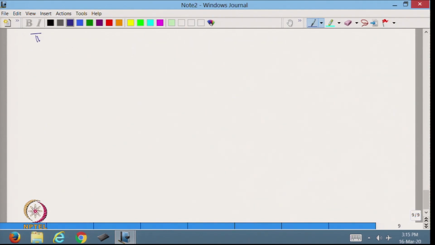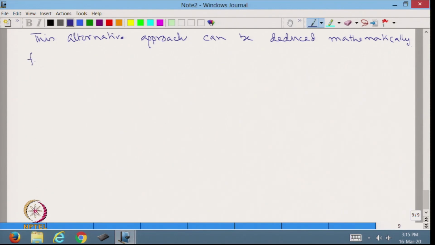Now, this above trick can be deduced mathematically. So, what is f_r(x)?